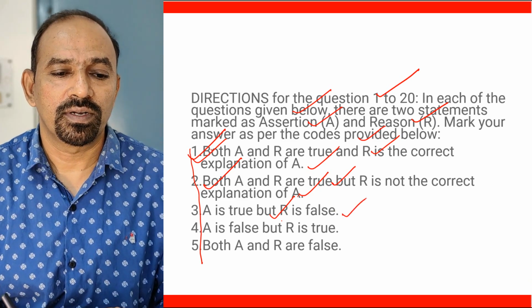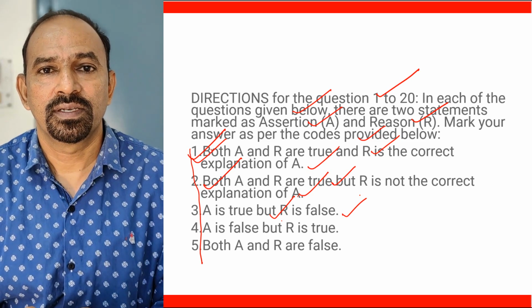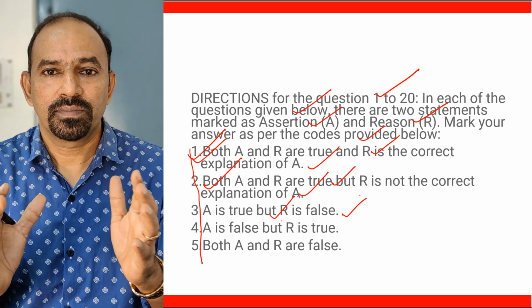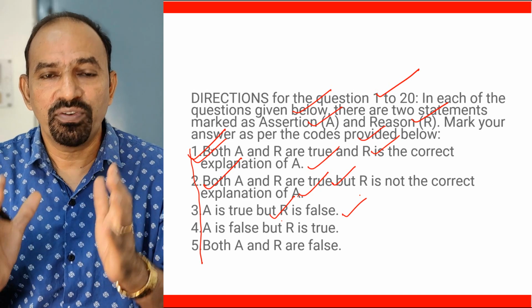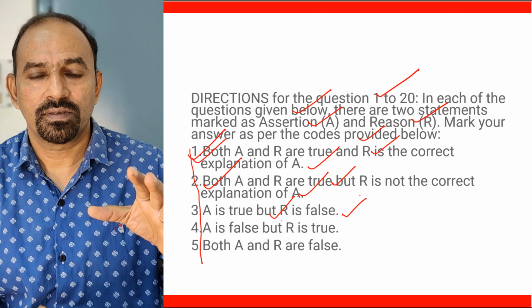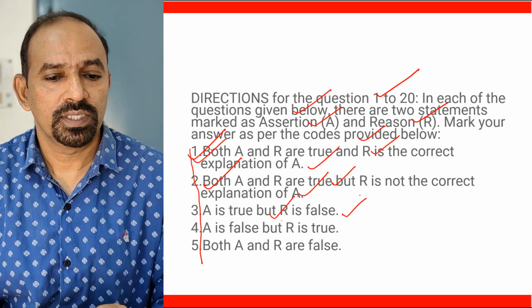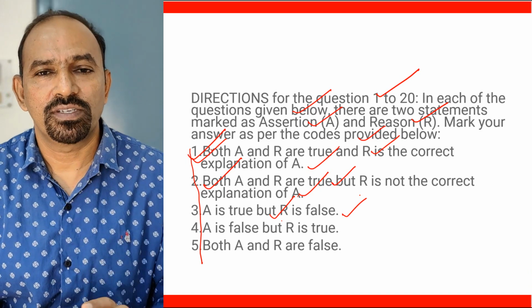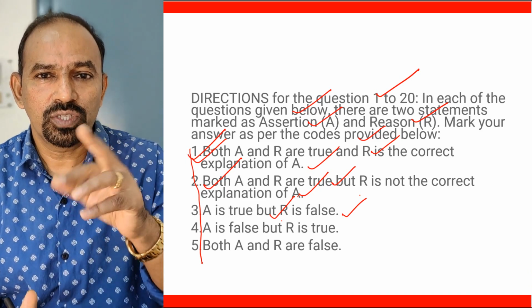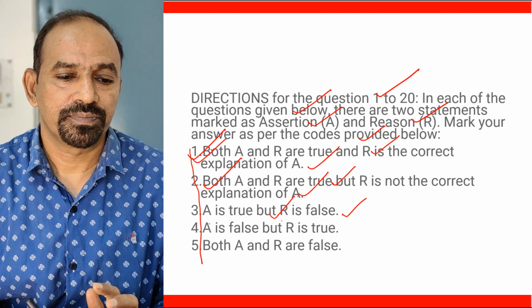Look at the third one. A is true but R is false. As per the context or events of your textbook, the assertion given there may be true and the reason may be false. If the 2 statements are like this, you can choose the third one.